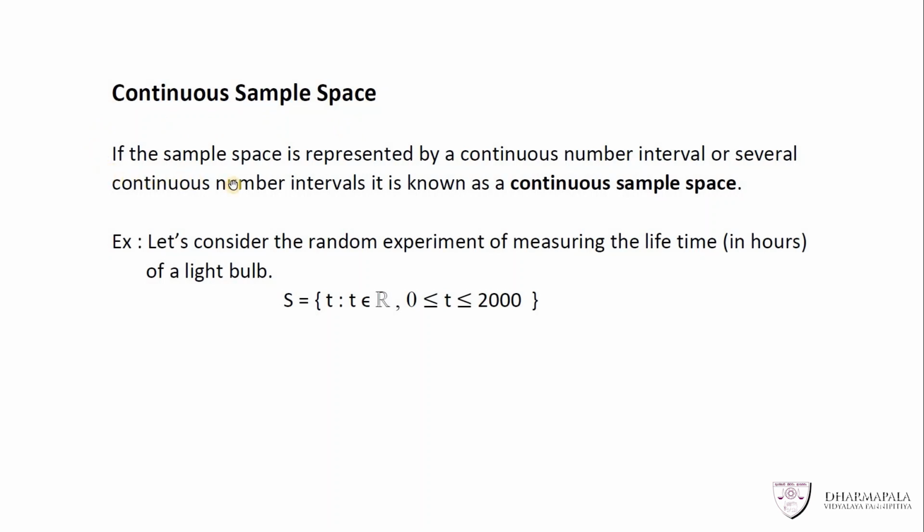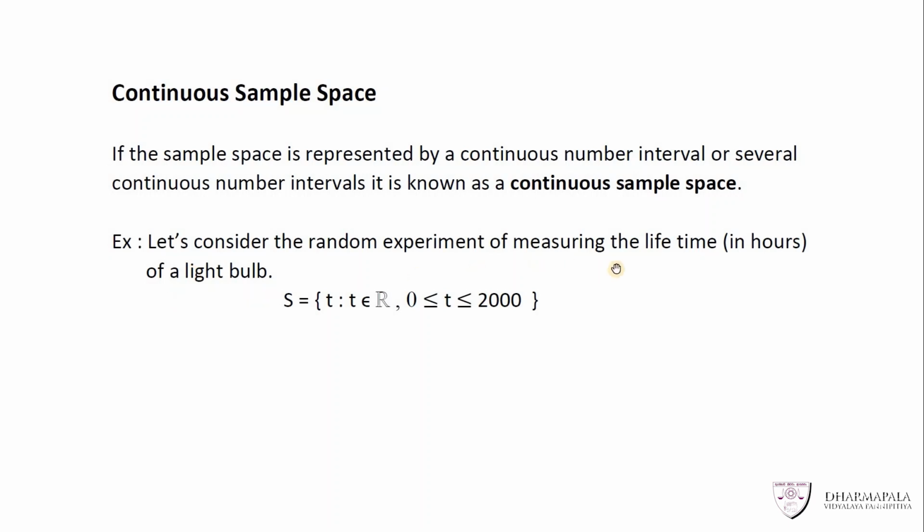Continuous sample space: if the sample space is represented by a continuous number interval or several continuous number intervals, it is known as a continuous sample space. We will discuss this using an example. Let's consider the random experiment of measuring the lifetime of a light bulb.